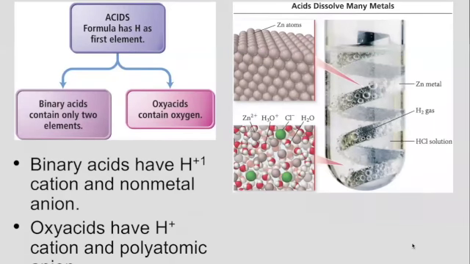When we only have two elements, one of them has to be hydrogen. Those are considered binary acids, and we have one set of rules for that. Once we start having more than one atom, and it includes oxygen, it's considered oxo acids. Now, how do we name this?